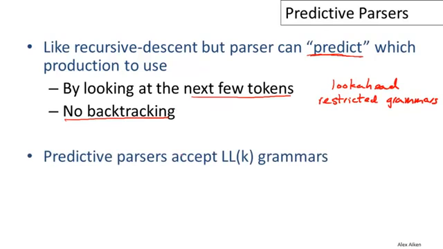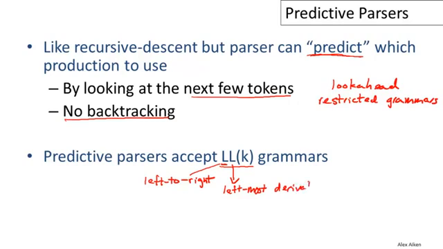Now, predictive parsers accept what are called the LL(k) grammars. And this is a really cryptic name, so let me explain it. The first L stands for left-to-right scan. That means we're starting at the left end of the input and reading left to right. And in fact, that's what we always do. So all the techniques that we look at will have an L in the first position. The second L stands for a leftmost derivation. So we are constructing a leftmost derivation.